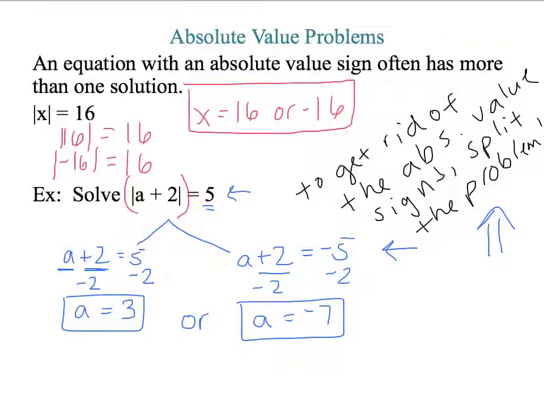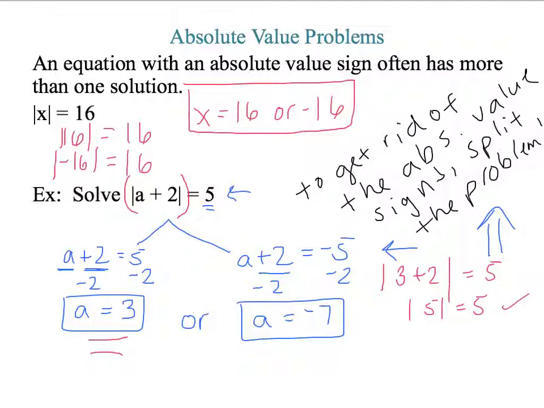Remember that it is okay to have more than one solution for problems like this. You can go ahead and test these as well, so let's try it just to make sure that this is true, because it seems kind of funny. So we can say a plus 2, remember our first a is 3, plus 2 is equal to 5, so we get the absolute value of 5 equals 5, and the absolute value of 5 is 5, so we know that that's correct.